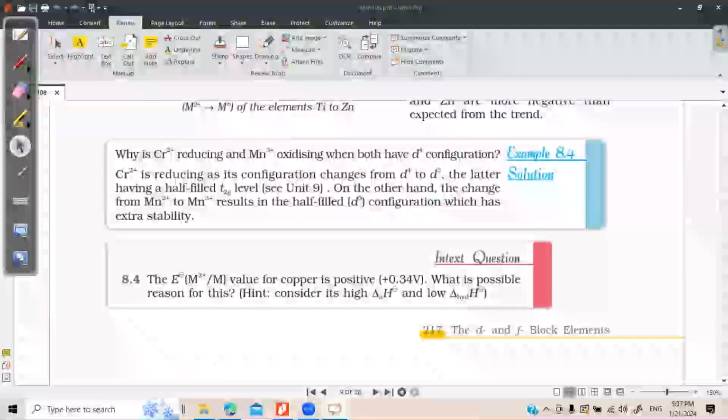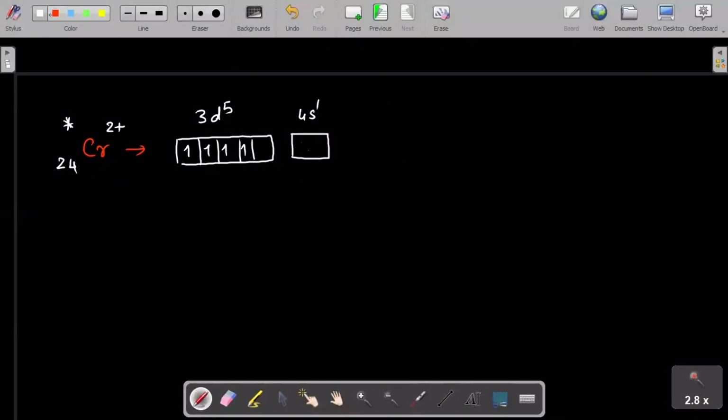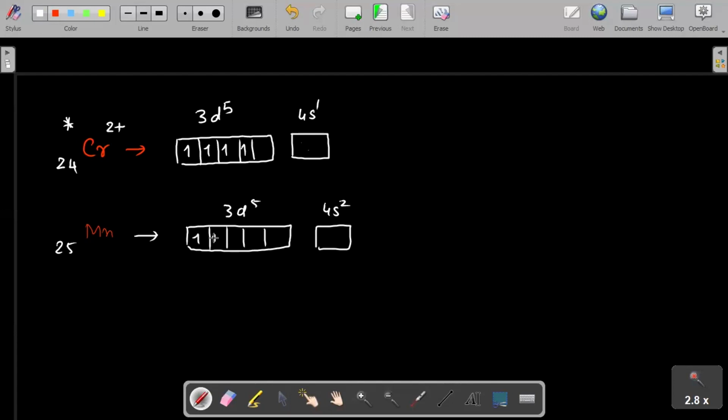Now another element is Mn +3. Mn is number 25. So again I will have 3d5 4s2 configuration: 5 electrons in the d orbital and 2 electrons in the s orbital.